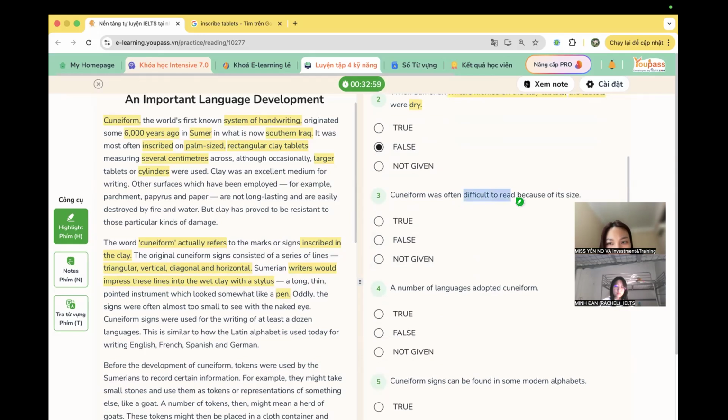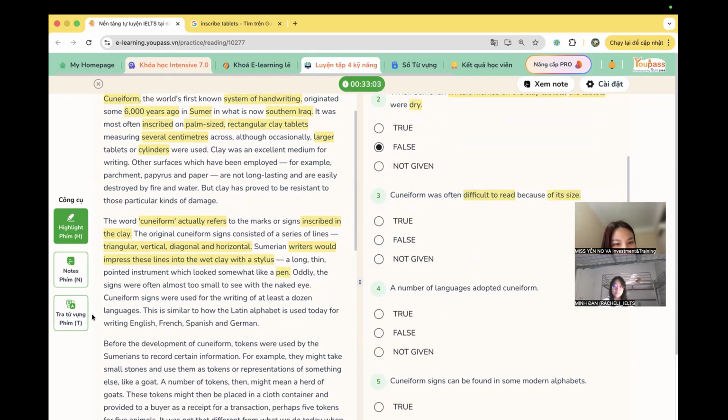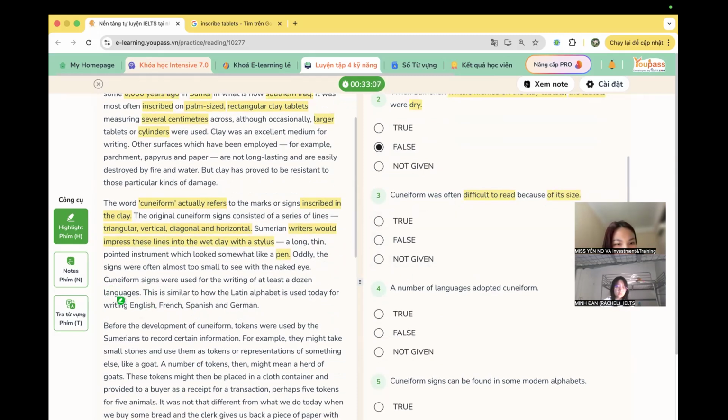Often difficult to read because of its size. I don't think it's mentioned. I don't have to read it, but I know it's not mentioned. Because they only say it's similar to how the Latin alphabet is used today for writing English, French, Spanish, and German.